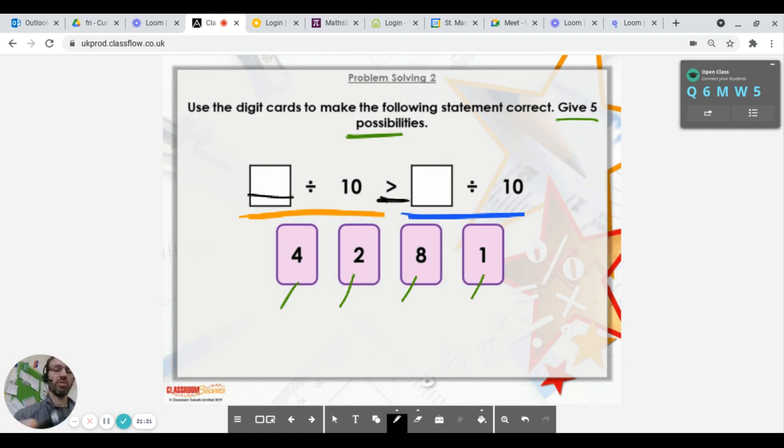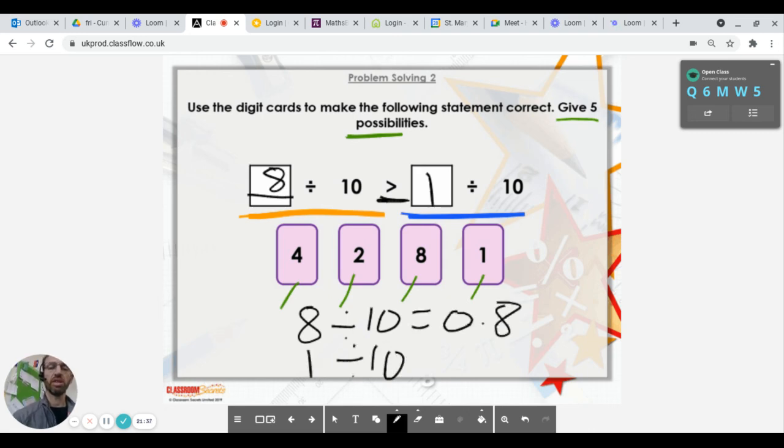So I think I've got to start with a bigger number. I could say that 8 divided by 10 is greater than 1 divided by 10, because I know that 8 divided by 10 equals 0.8. 1 divided by 10 equals 0.1. 8 tenths is more than 1 tenth.